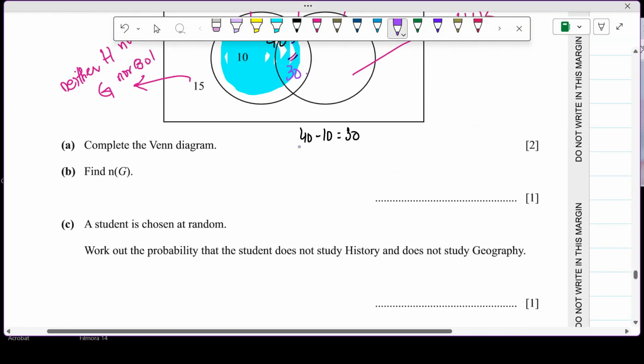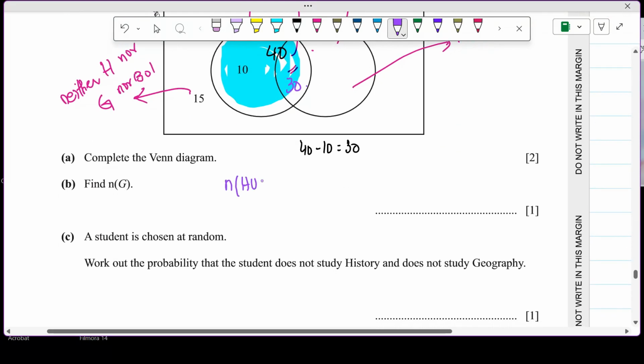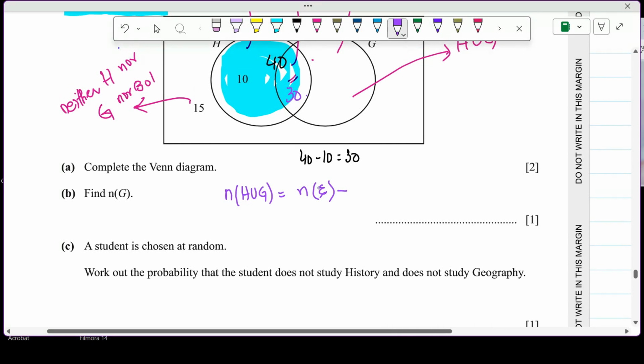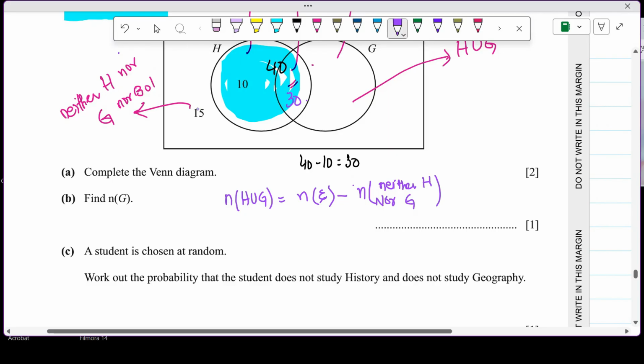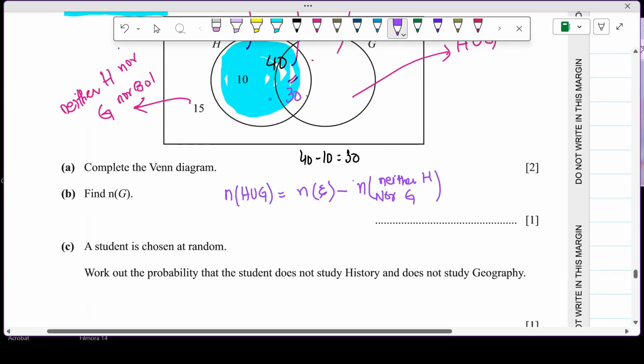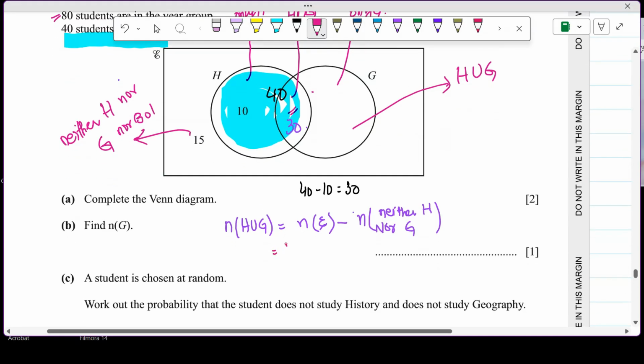So n of H union G is equal to n of the total number of students in the universal set minus the number of students neither in history nor in geography. 15 is the number of students who are neither in history nor in geography, and we have the total number of students, which is 80.